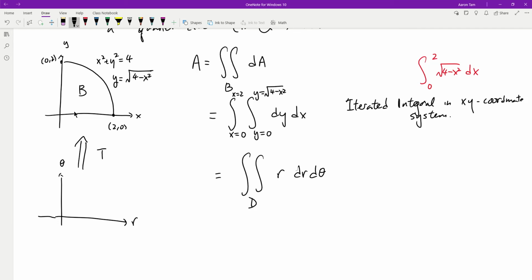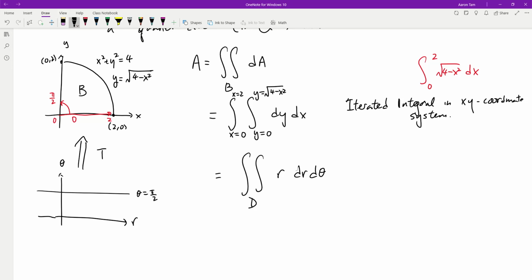Because it's a quarter circle, it rotates from 0 to the y-axis, which means theta goes from 0 degrees to pi over 2. So I'm going to say pi over 2 right here. And then the radius travels from 0 all the way to 2.